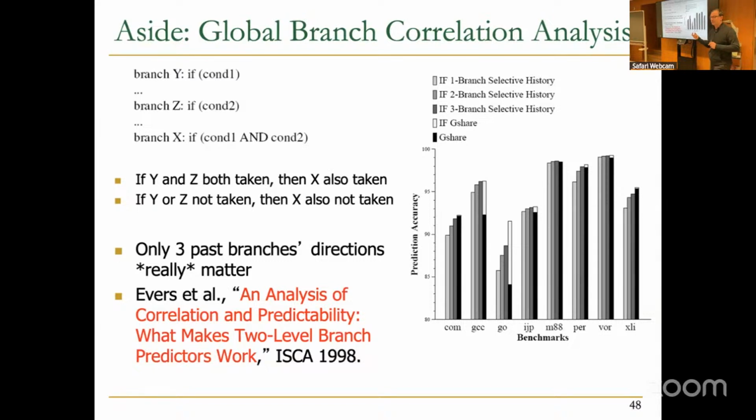For some branches, you need to go 1024. For some branches, the just previously executed branch is the one that really determines your direction, or that really correlates most with your direction. The problem is you don't know which one's which beforehand. That's why you need to have different types of histories. And for different branches, you have different distances between correlating branches. So if you're interested, you can read this paper. It's a beautiful paper.